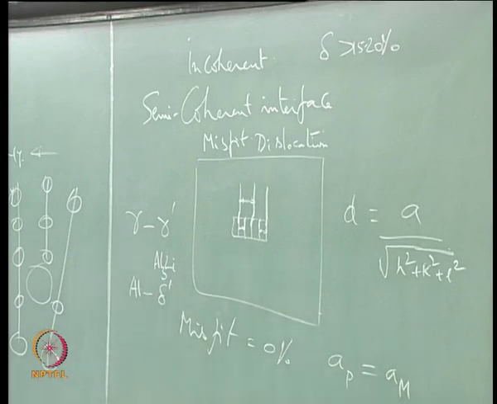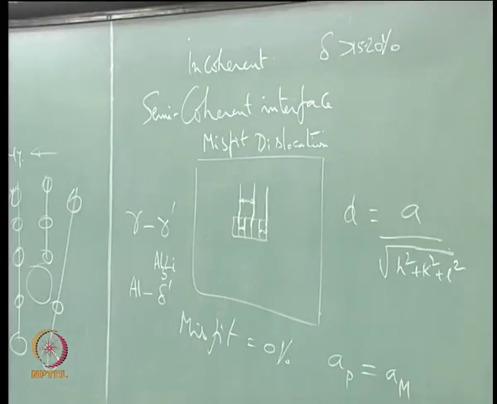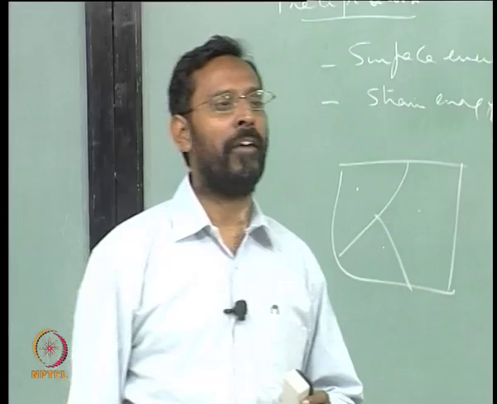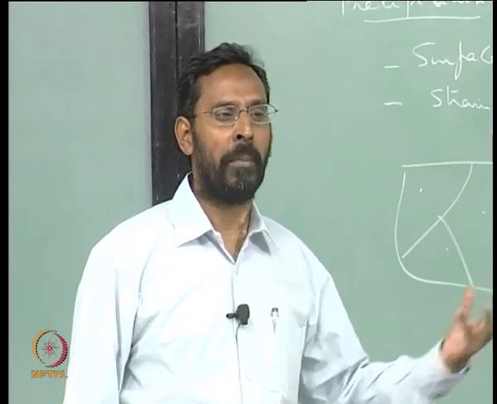Assuming that the structure is the same. The moment the structure is different, it is not possible to have any coherency. So, irrespective of the lattice parameter of the precipitate and the matrix, you automatically get an incoherent precipitate.